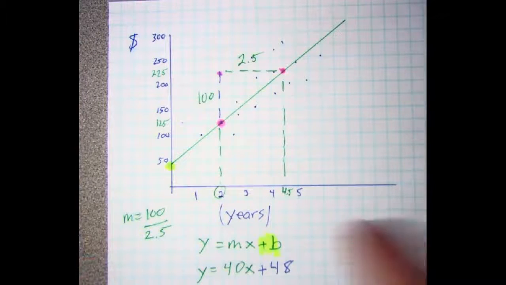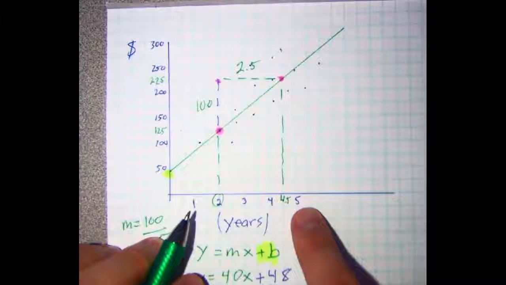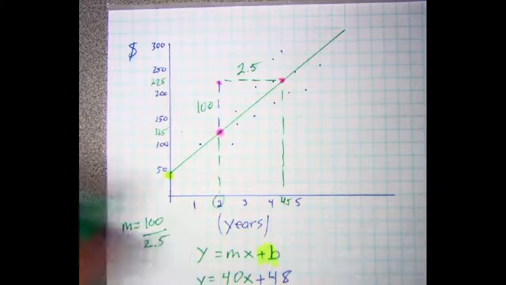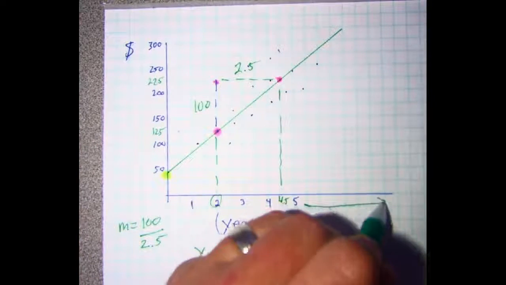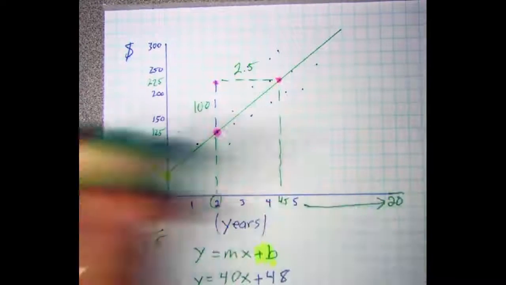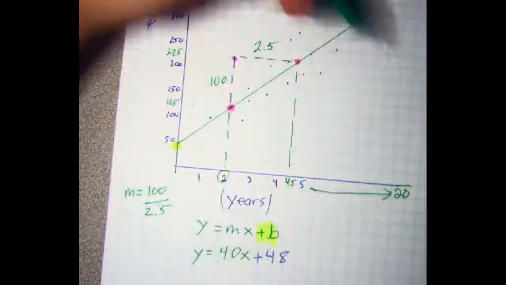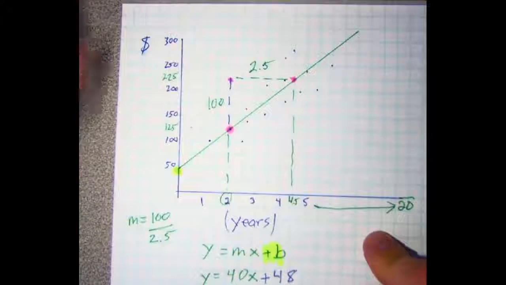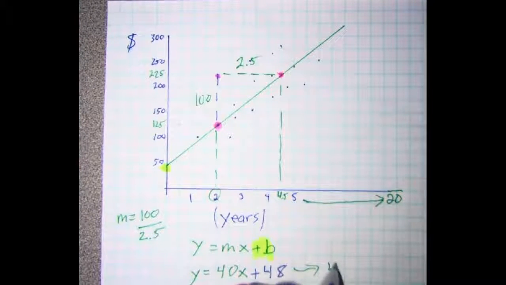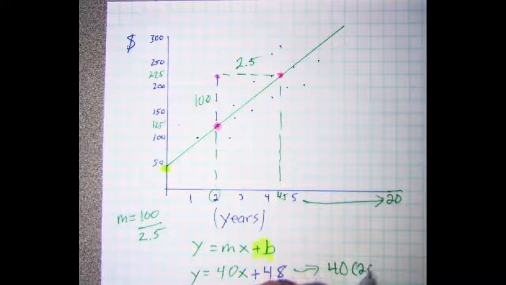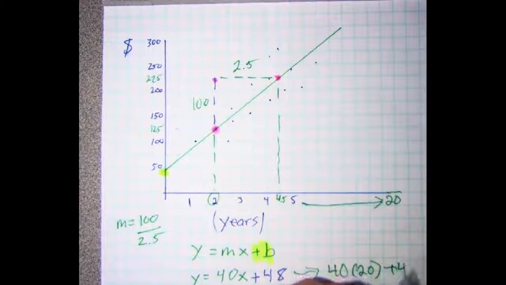Okay. And again, if I want to find out how much money they would be most likely to make in 20 years, let's say we continue this down, and we want to know in the future what happens at 20 years. We're not going to just make the graph go up to 20 and try to make this go higher. You're going to use this equation and say it's going to be 40 times 20 years plus 48.